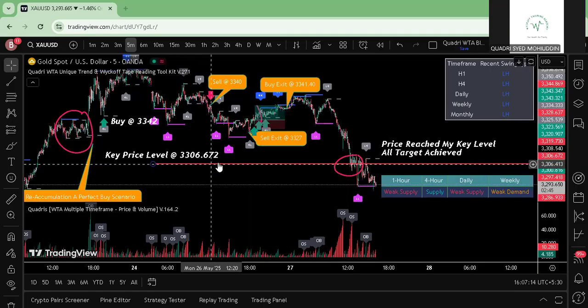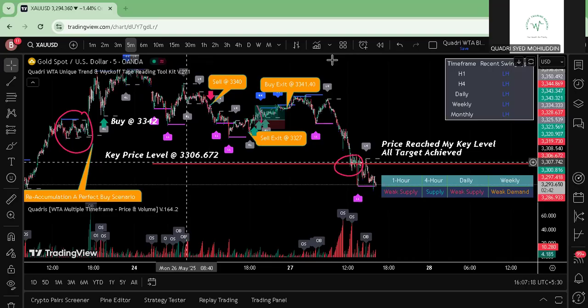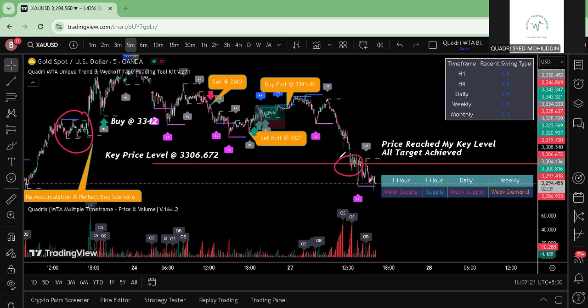I shared the analysis stating that the key price level of 3306.672, give or take 3307, would be a key level for us to look for trading opportunities in and around it.